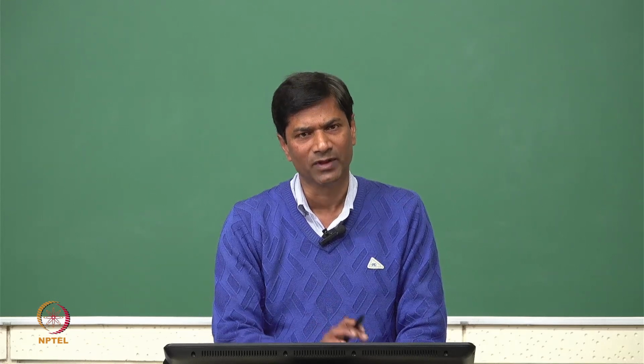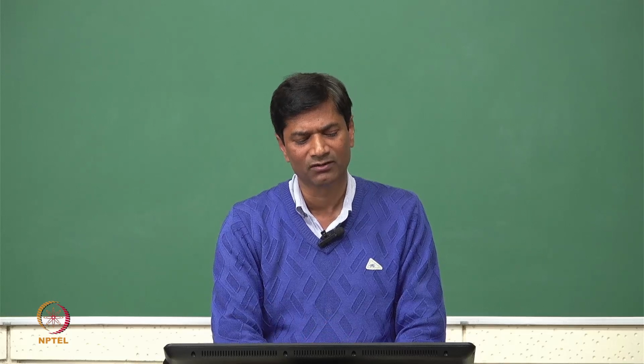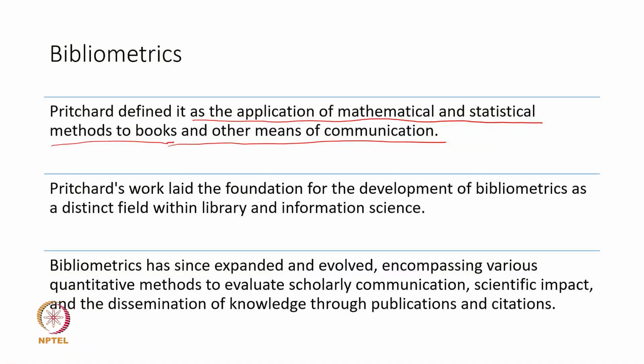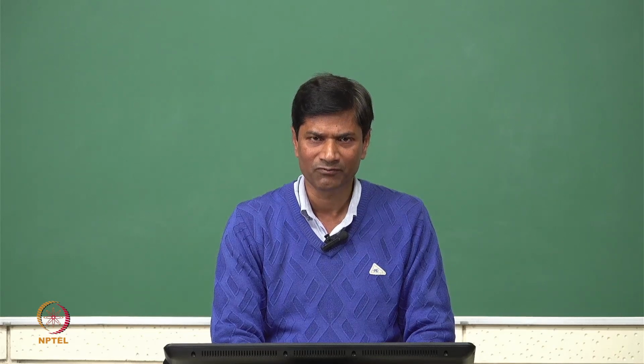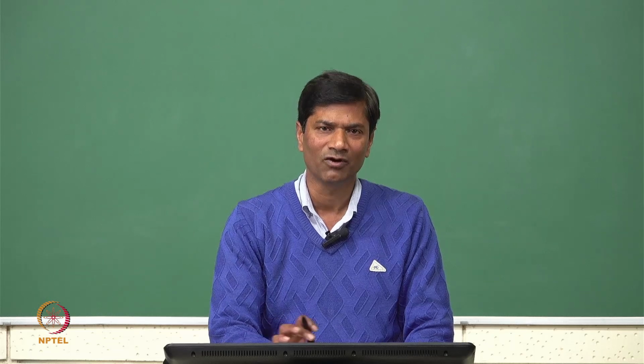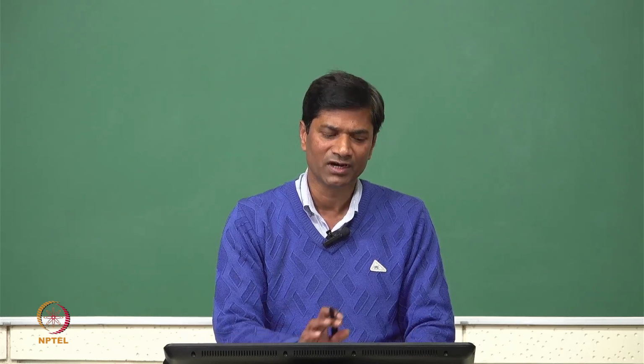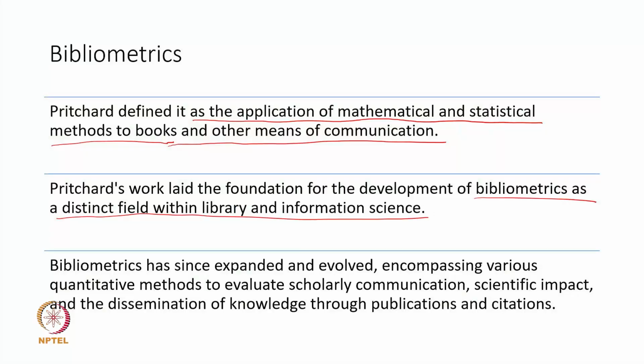Basically, it was Pritchard's work which laid down the foundation for the development of bibliometrics as a distinct field within library and information science. In library and information science, bibliometrics is a very important field, and it was the work of Pritchard which laid down the foundation of bibliometrics.